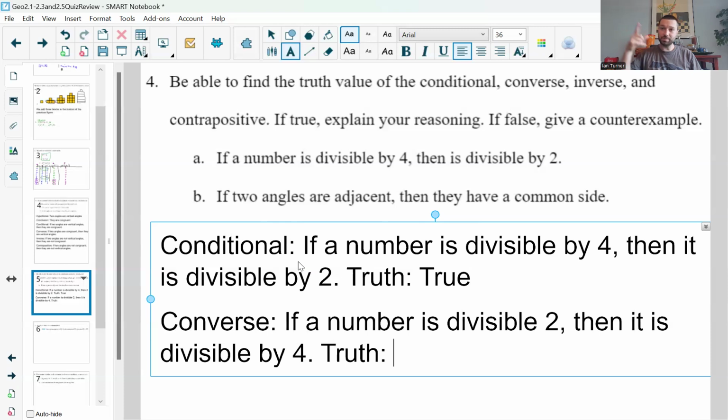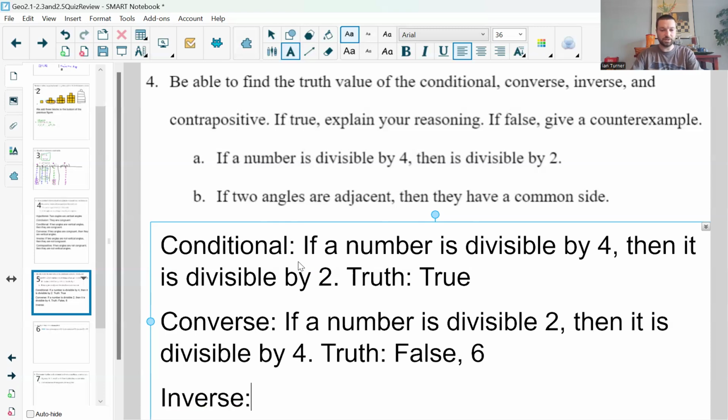Who do we got? Leo in the back. Let's go, dude. Uh, false? Yeah. Can you give me a counterexample? 6? Yeah, that's a good counterexample. And we're talking about evenly divisible, right? We're not like, oh, well, that's a fraction. No, just evenly divisible. 6 is divisible by 2, but not by 4, so that's false.